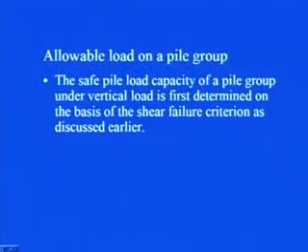The safe pile load capacity of a pile group under vertical load is first determined on the basis of shear failure criteria as discussed earlier. Simply divide the ultimate load capacity by the factor of safety. That will give you the safe pile load capacity, as you already did in the case of an individual pile.